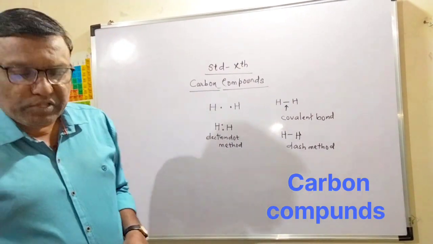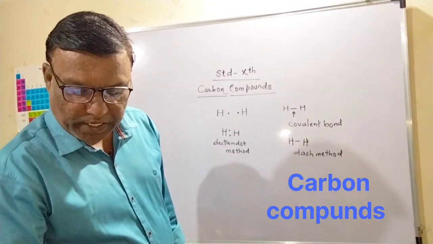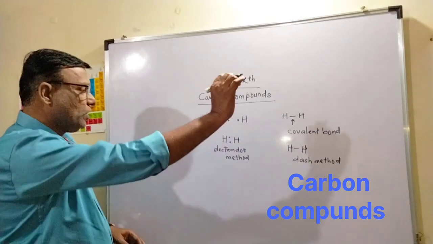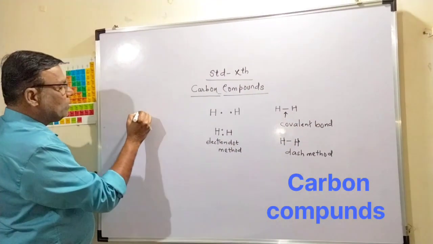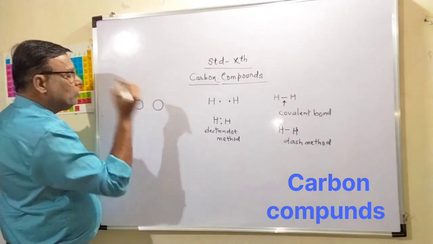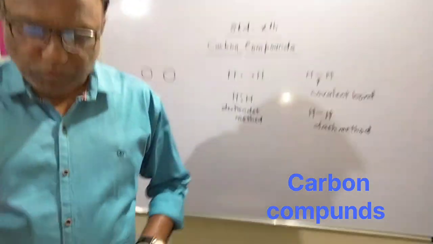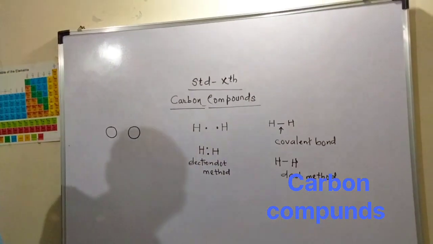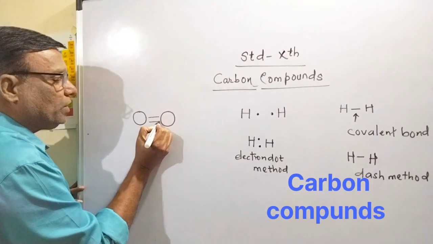Second thing, now we are going to show the bonding between oxygen atoms. How are we going to show it? See here, I will show you. First consider oxygen. Two oxygen atoms are there. Between the two oxygen atoms you can represent two bonds.